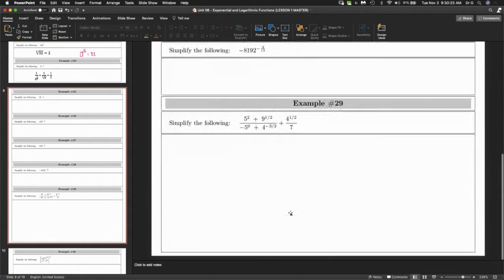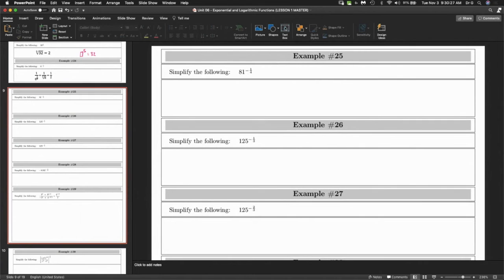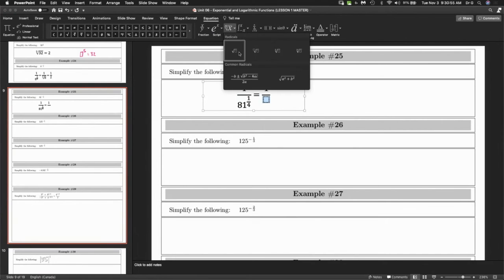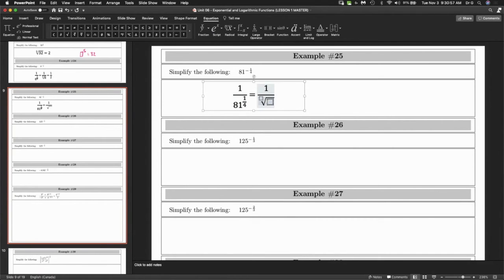So 25 here. The way that I like to say this is that this exponent is negative a quarter, and that means that there are 2 operations. There's the flip or reciprocal, and then there's the fourth root. So this is 1 over 81 to the quarter, which you can then write as 1 over the fourth root of 81.